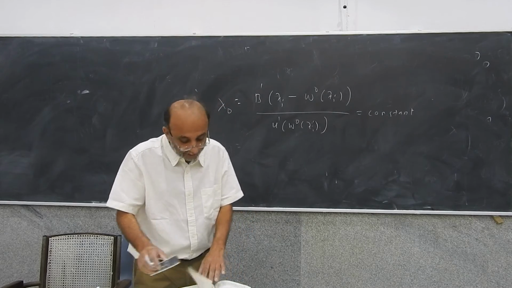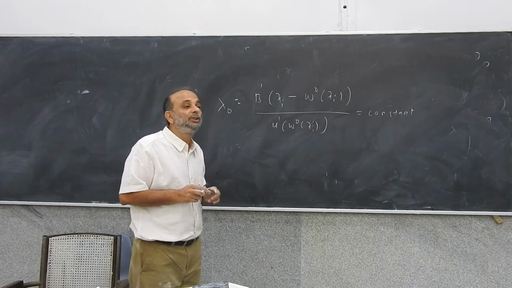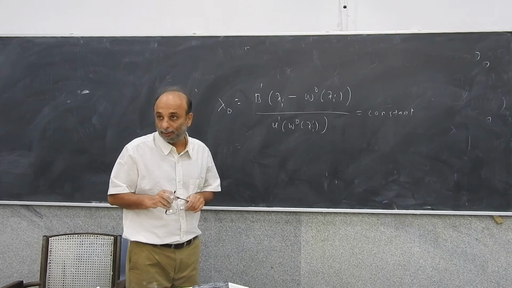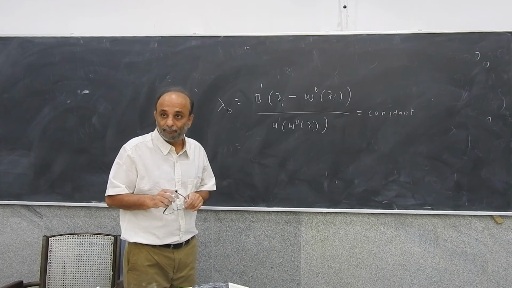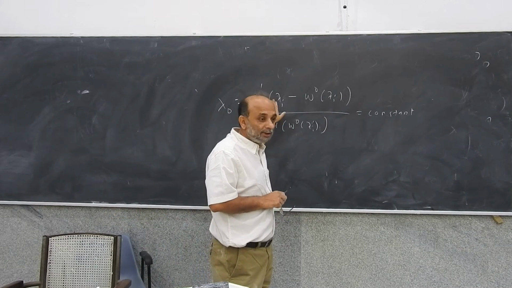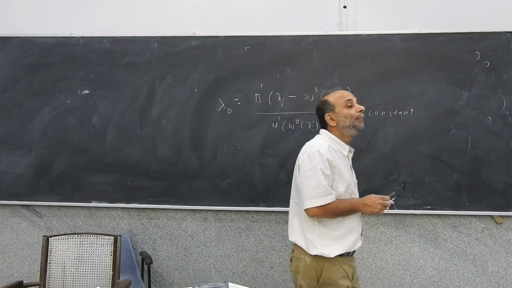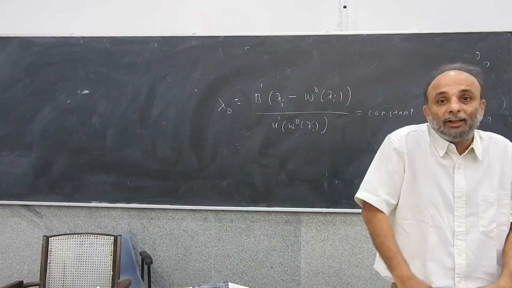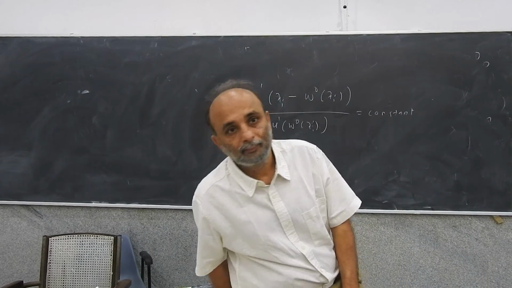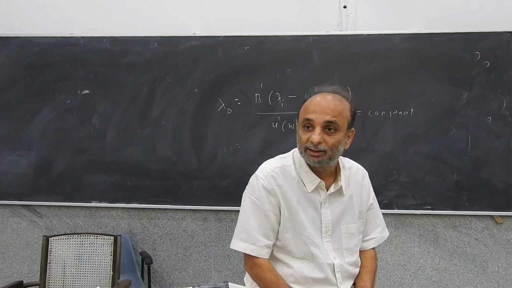Think of a situation where the agent is risk neutral, or rather, this is the principal's utility function, and this is the agent's utility function. Suppose the principal is risk neutral and the agent is risk averse.